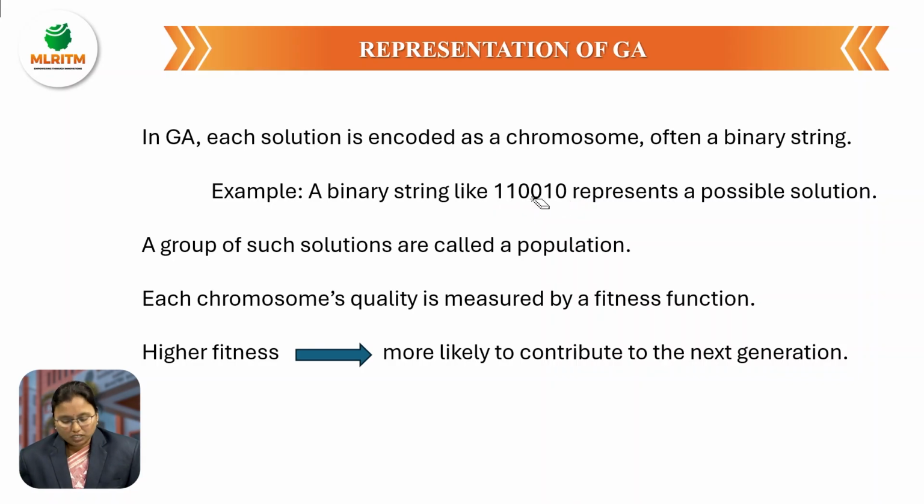Individually we are taking chromosomes, and a group of such solutions is called a population. Each chromosome's quality is measured by the fitness function. We have to discuss all these in the algorithm. Higher fitness means the chromosome is more likely to contribute to the next generations.